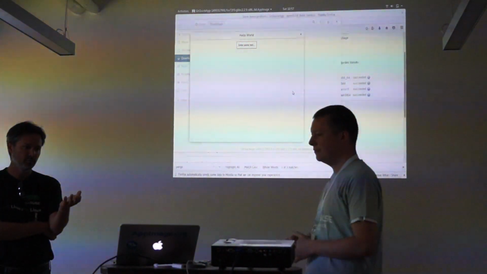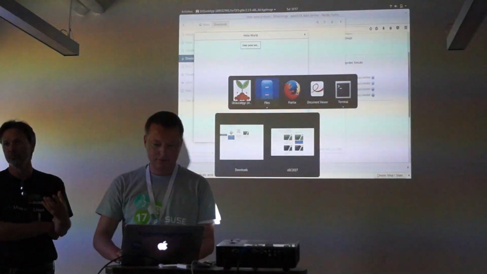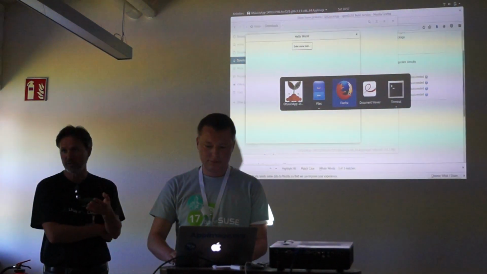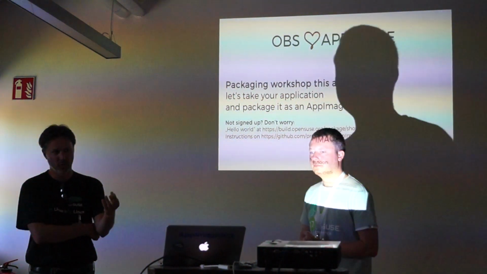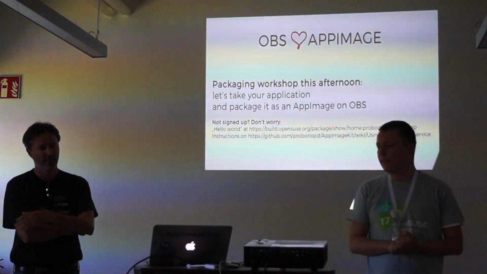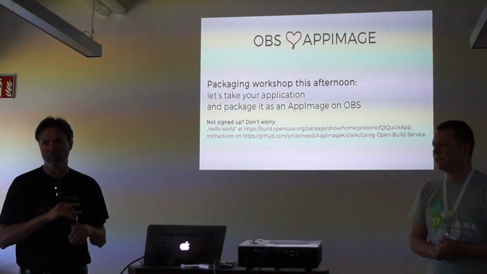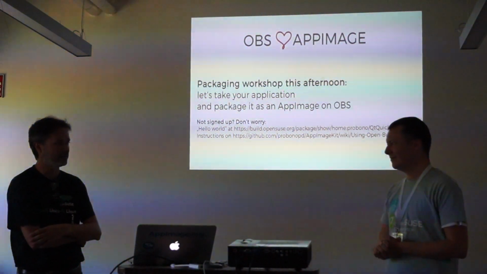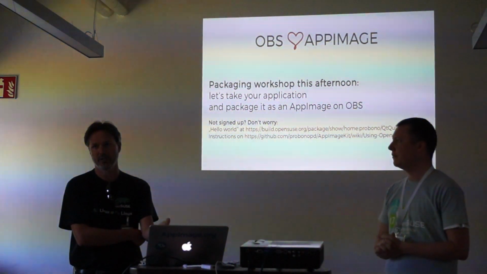In this example, we built it from source, but the other way is also possible: you just reuse an RPM, for example, which you built before, and convert it to an AppImage. So it's more or less the same. We have a template out there now, which is commented, and you can see how this is going to work. For example, I use it for the FreeCut application I maintain.